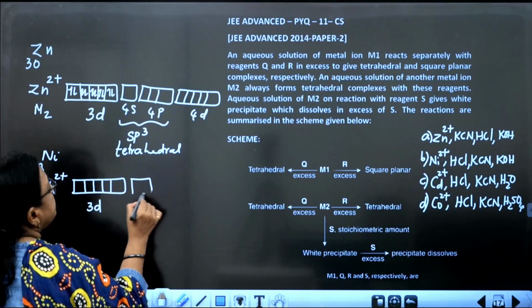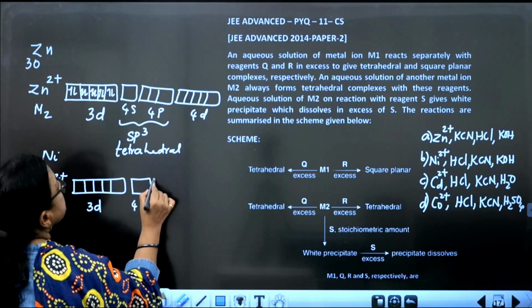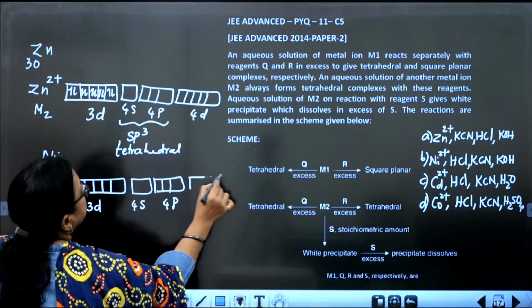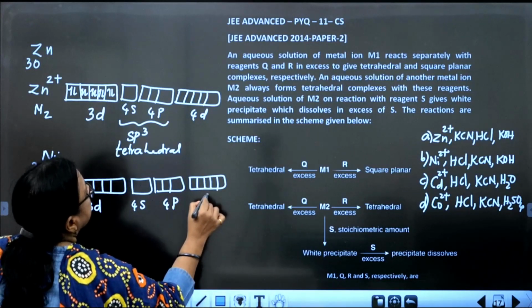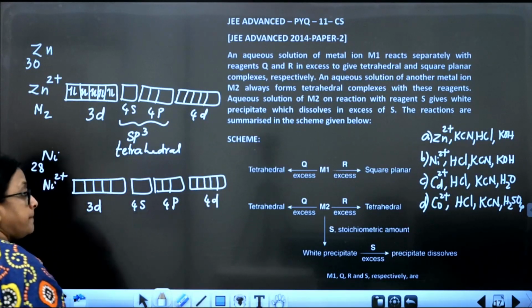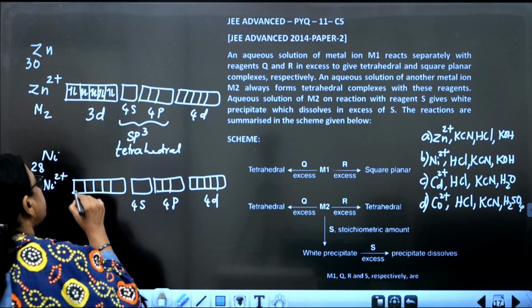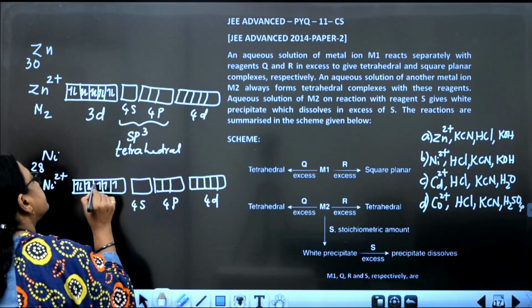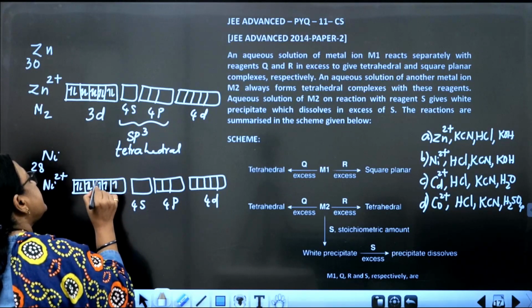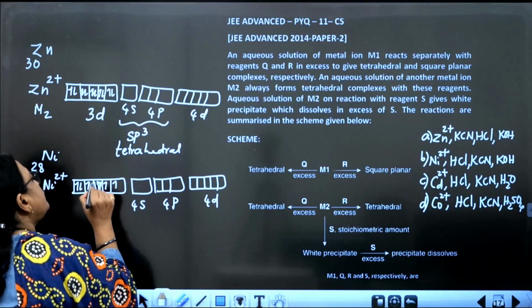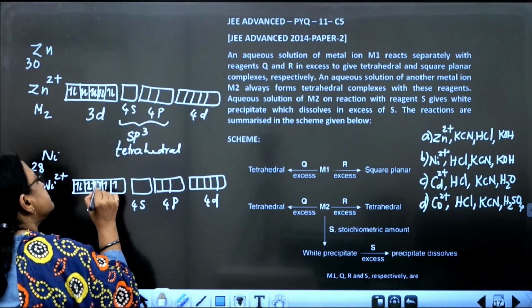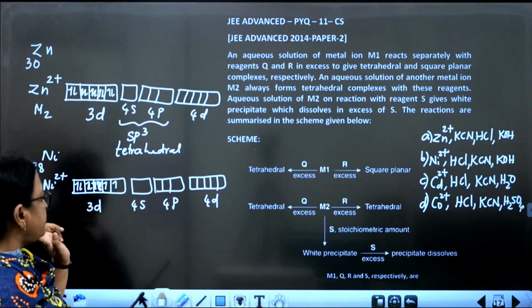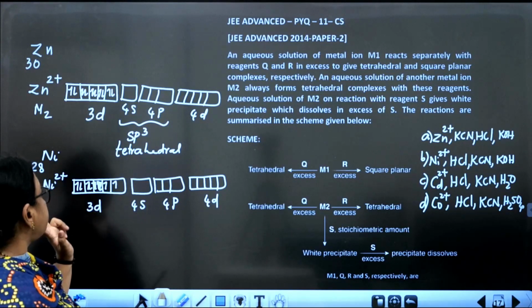Two electrons from 4s are lost, and 4s, 4p and 4d are vacant for nickel 2+. So for nickel 2+, the configuration is d8 system. Two electrons in the first three orbitals, and then you have 2 unpaired electrons in the 4th and 5th orbital.